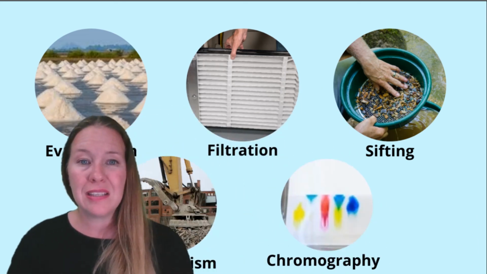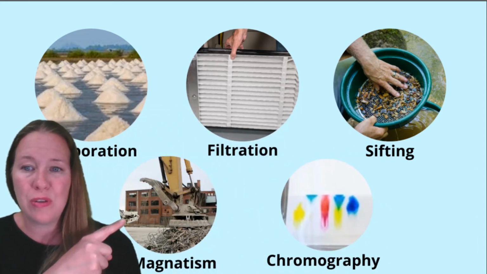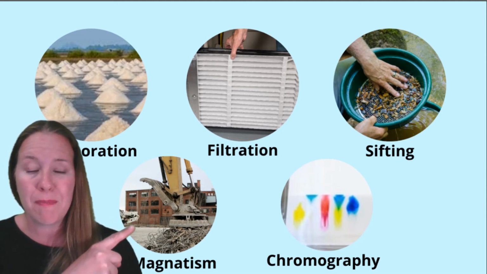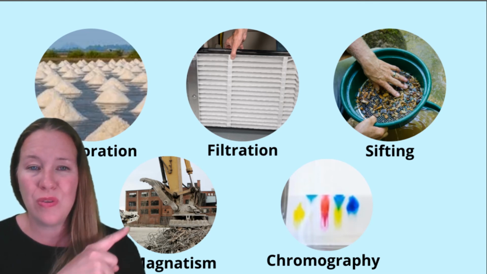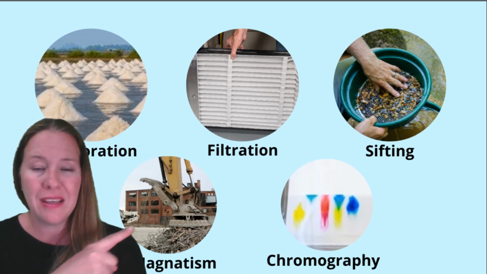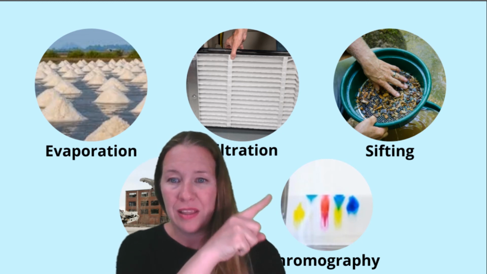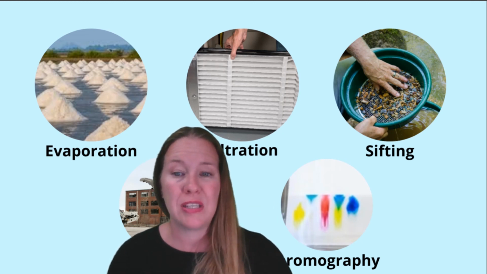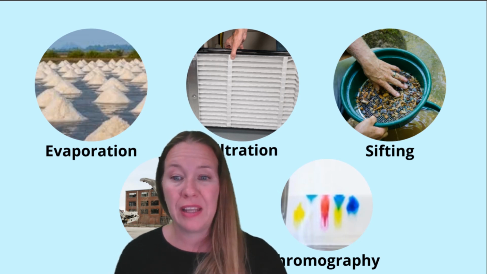And then magnetism, so if there's something that is able to be attracted to a magnet, you can use one big magnet and be able to separate it from things that are not magnetic. Okay, and then we have chromatography. So chromatography separates mixtures as they move across a particular material that attracts the components differently.